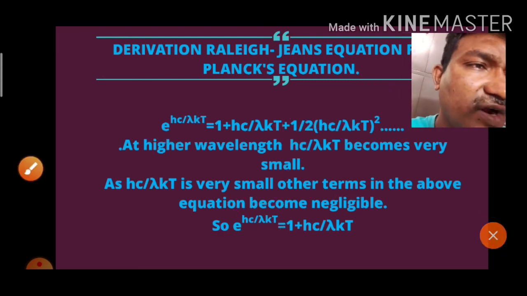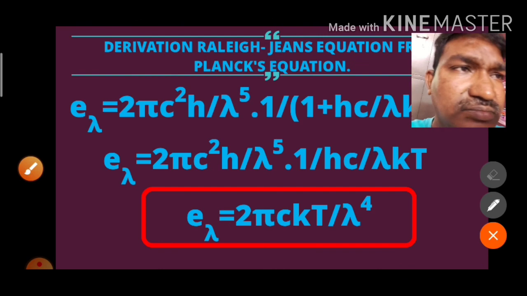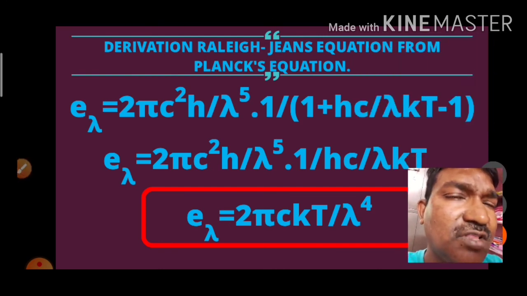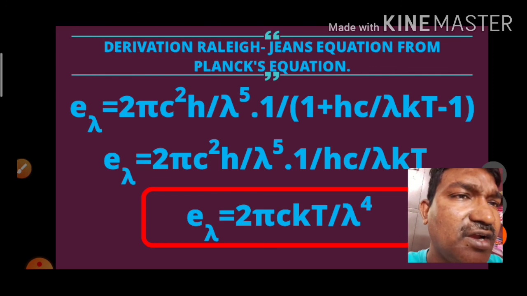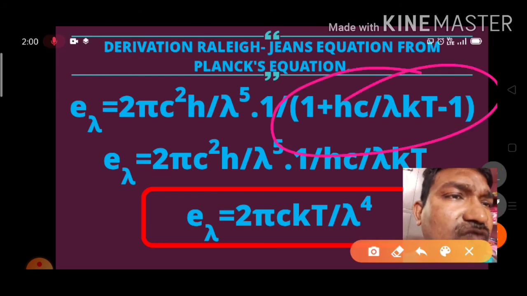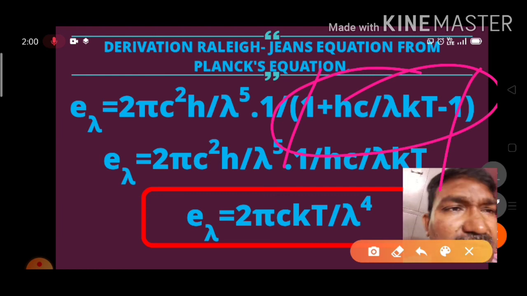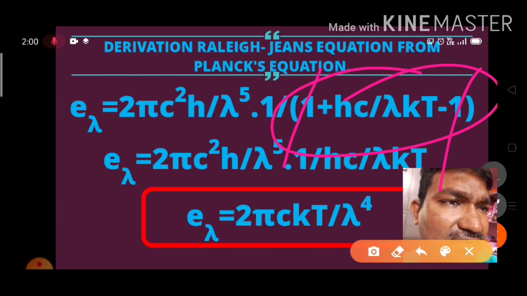So as a result, in the place of e to the power of hc by lambda kT, we can write this term. So we can strike off the plus 1 and minus 1. As a result, it becomes 1 by hc by lambda kT.